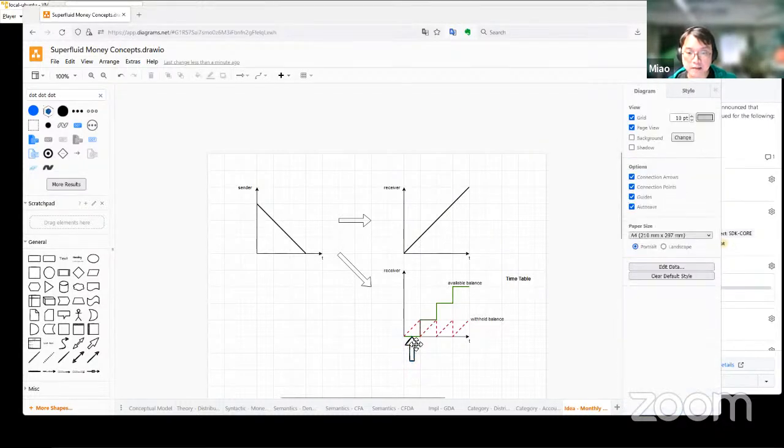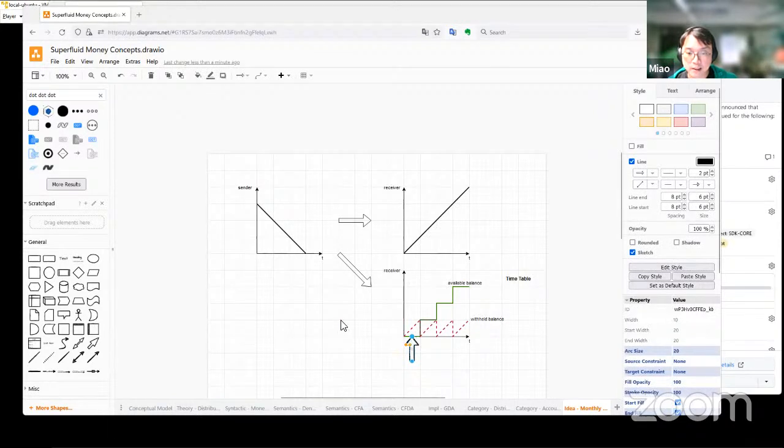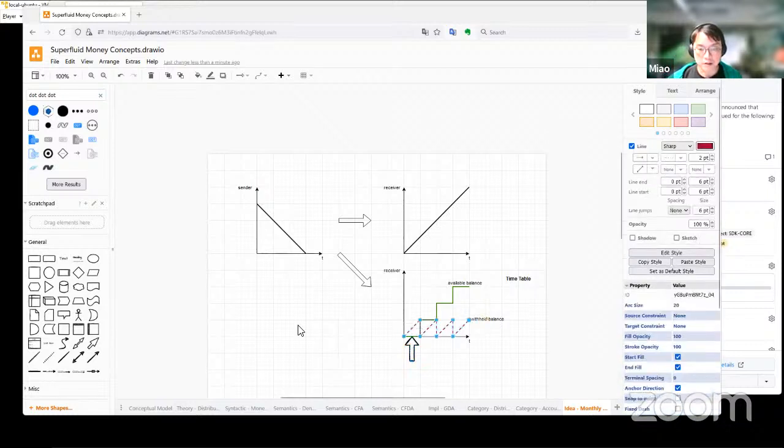If they cancel in between, they not only get the red number out, but also maybe partially the prepaid amount. So let's say they prepaid a month and they cancel it in the middle of the month. They not only get the red part out, but also some part of the prepaid amount. But that depends on the business logic, right?